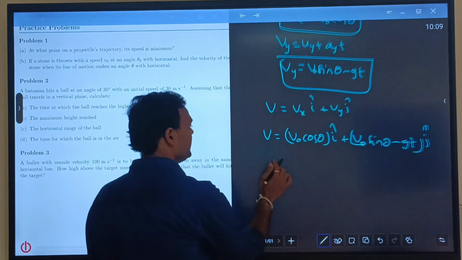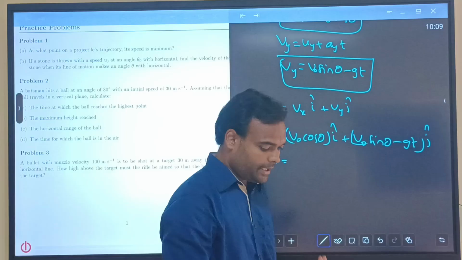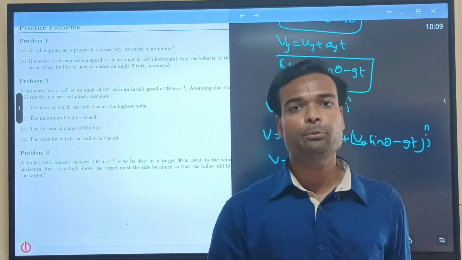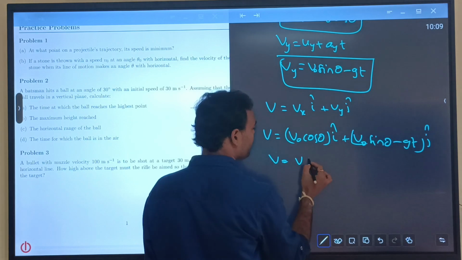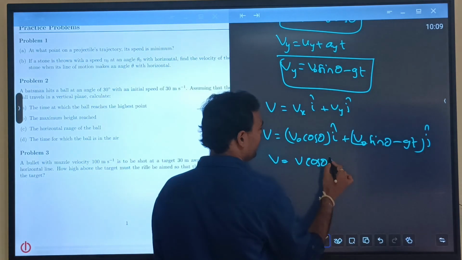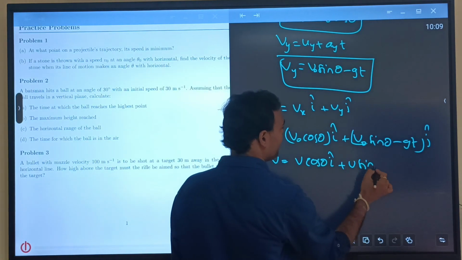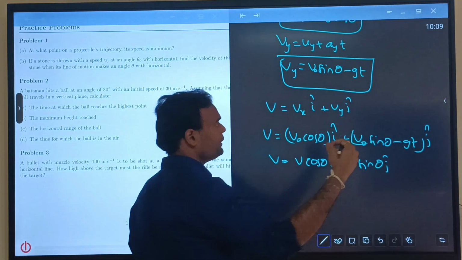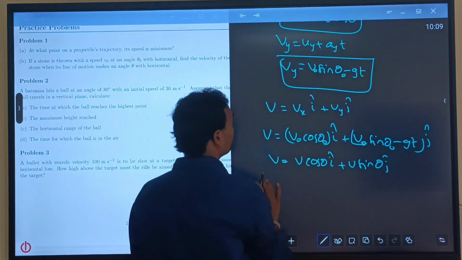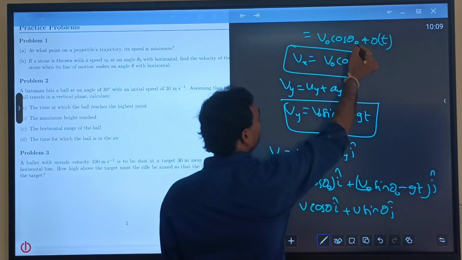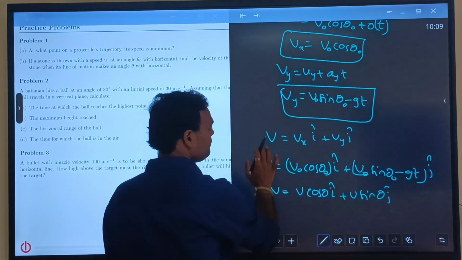And simultaneously in the question they mentioned that at point P the velocity is making an angle theta. So this will be v cos theta i plus v sin theta j. Here you need to do a small modification: they represented this as theta naught actually. I forgot representing theta naught, right?